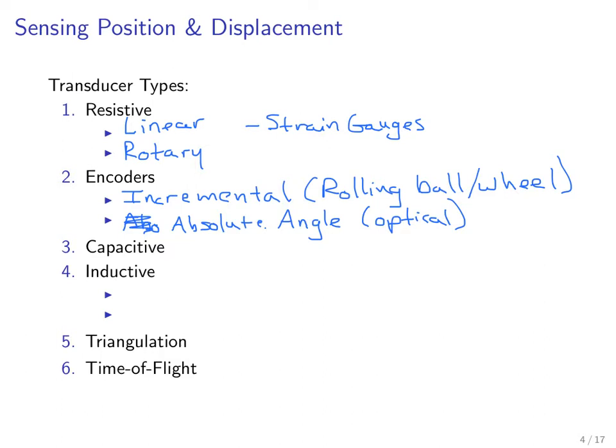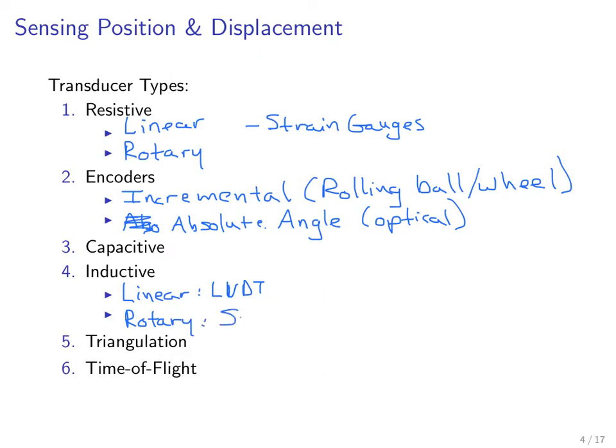We'll talk about capacitive displacement sensors, inductive displacement sensors, such as the LVDT displacement sensor that we talked about when we were talking about inductance to voltage conversion, the linear variable differential transformer. And we'll talk about essentially a rotary version of the same concept.